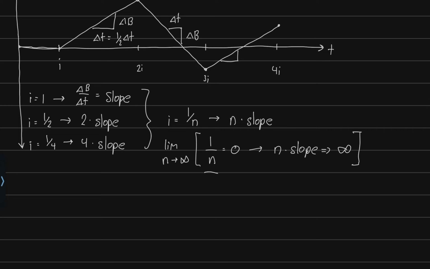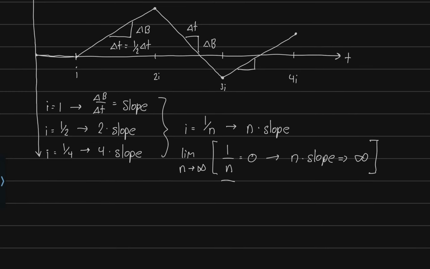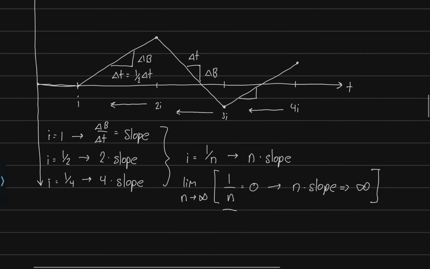So graphically, what does this represent? As we take n to infinity, we're essentially pushing all our points closer and closer together, such that it becomes continuous time, meaning the exact next point after I would be essentially 2I, but 2I is numerically the next number after I. And when we do that, this slope will keep increasing and increasing until graphically we almost get a vertical line.